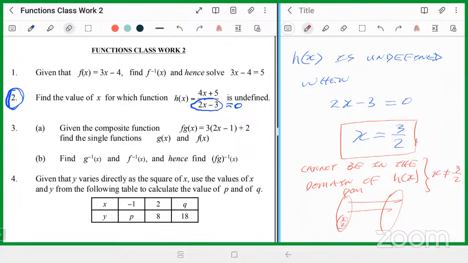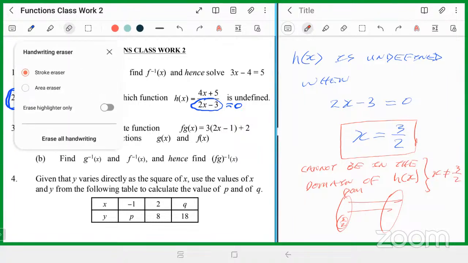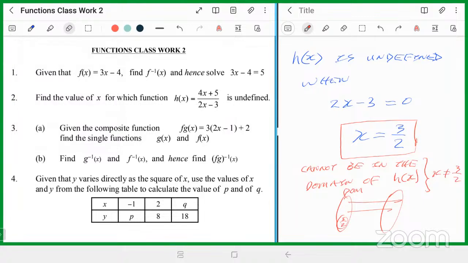I understand that, but I'm just expounding one more time on this so that we can have a clear understanding of it. And also, just in case CSEC changes the wording of a question like this, and instead of using the word undefined, they might say something about the value of x that cannot be in the domain, or the value of x that is not workable. Anything that means that. If they change the wording of a question, you want to be able to understand exactly what they're talking about.